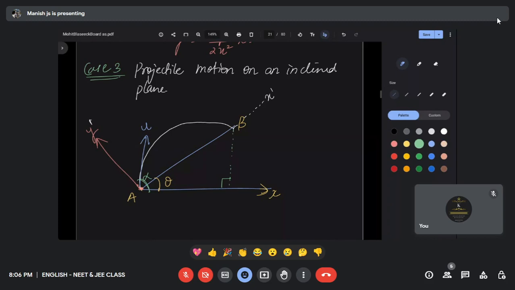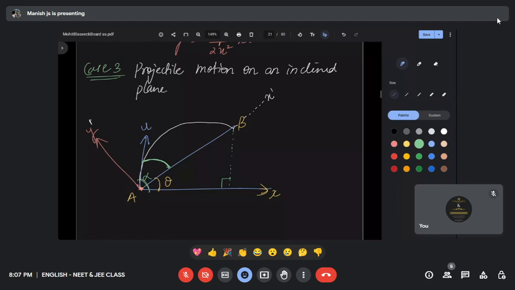Now we can specify the components of the projectile. For that we have to know the angle made by the projectile with x prime. So what is this angle? How do we find out that angle? Anybody? I have given theta below, and I have given alpha. Can we find this angle with x prime?